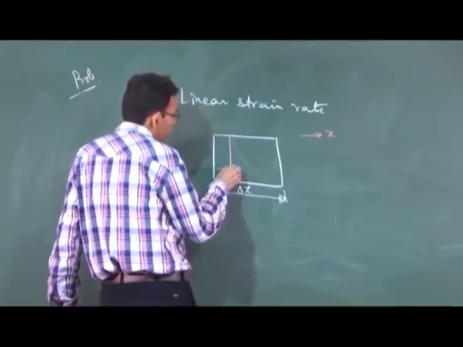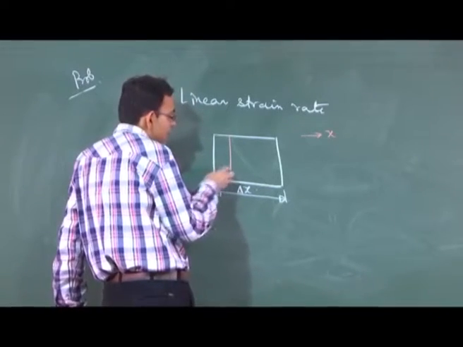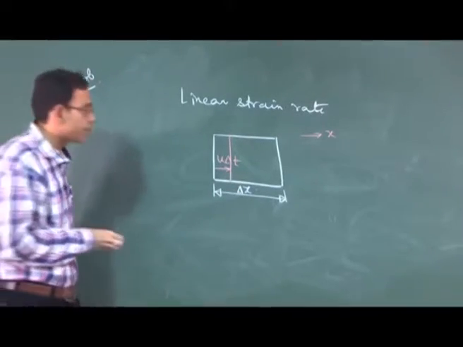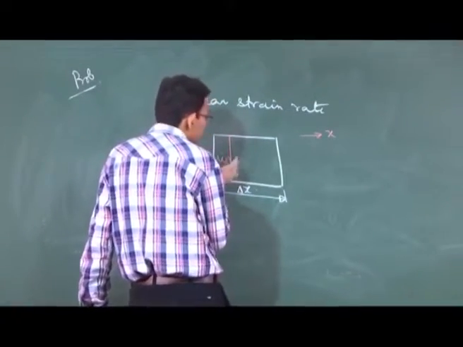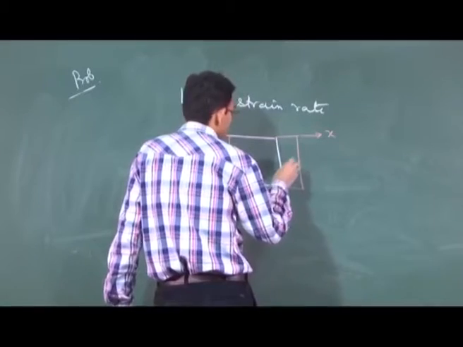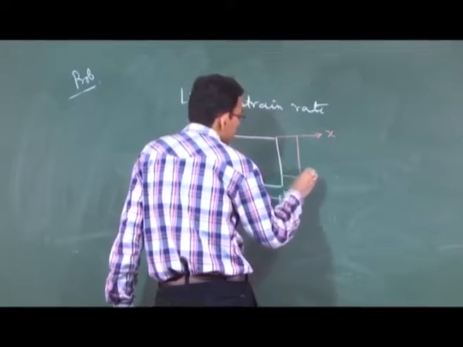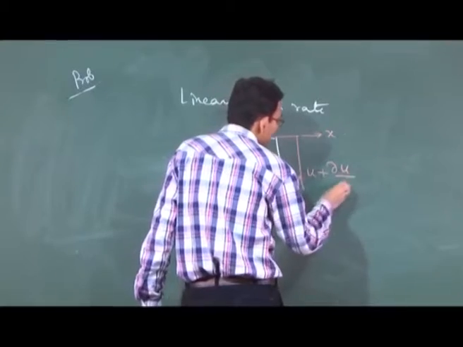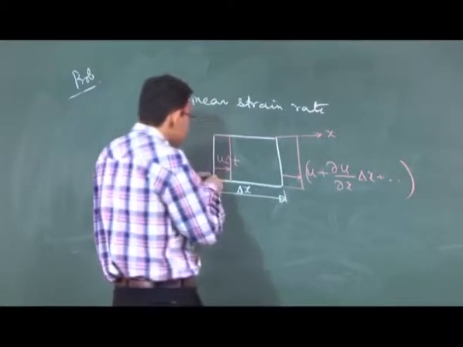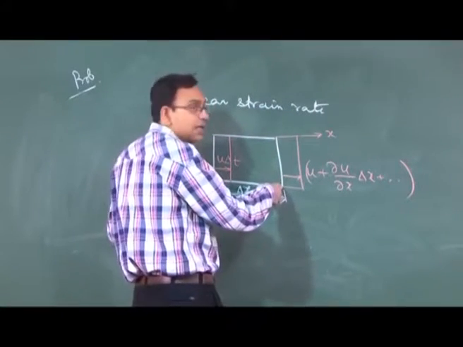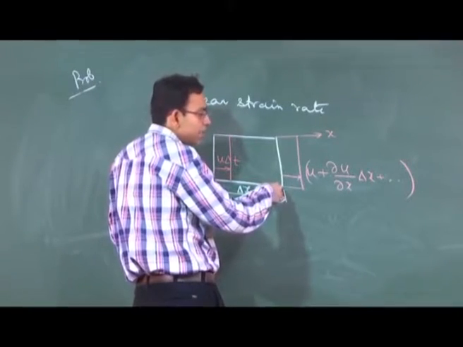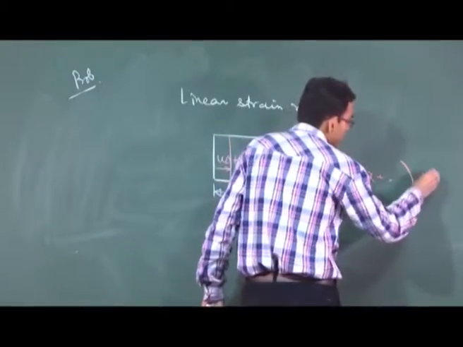Over a period of time delta t, this edge has moved by an amount u into delta t. U is the velocity component along x. If the velocity here is u, the velocity here is u plus del u del x into delta x plus higher order terms in the Taylor series, right. This is u at x, this is u at x plus delta x, because here x coordinate is x, here x coordinate is x plus delta x. So this into delta t.